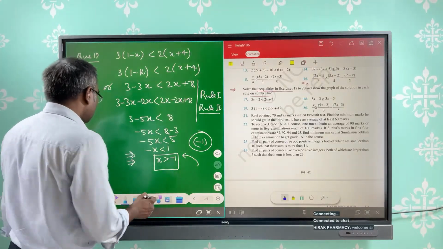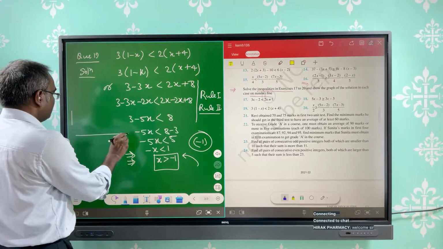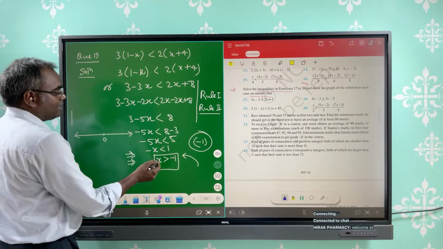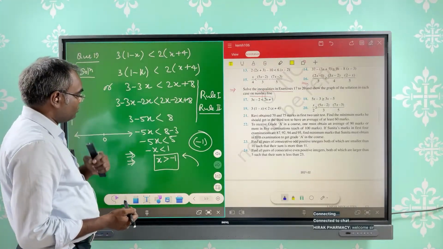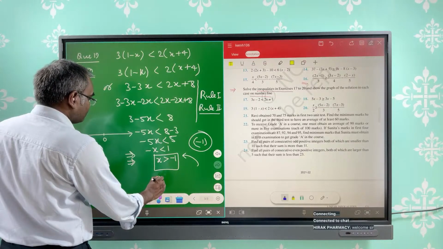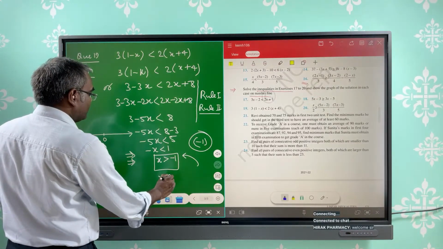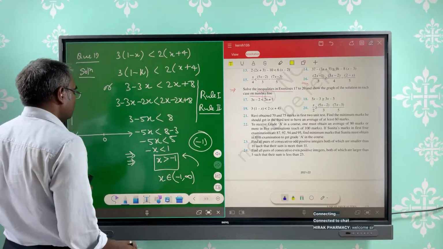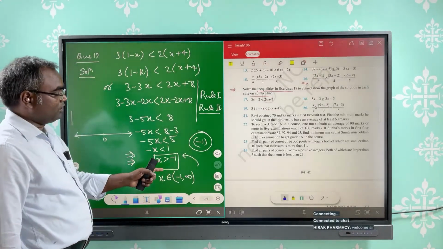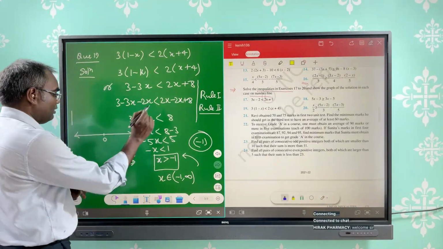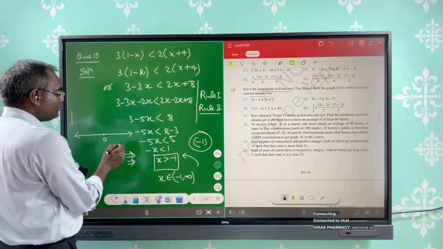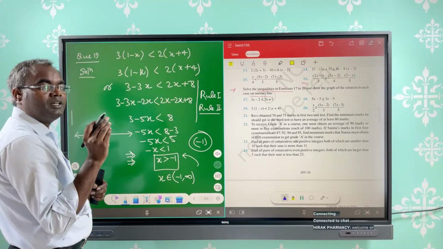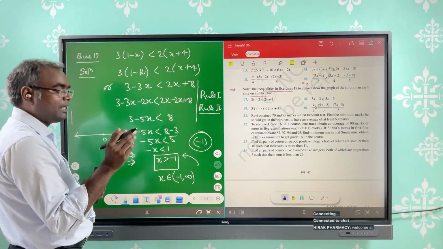You can plot this on the number line by drawing the number line. See, this is the number line and this is 0, and x is always greater than minus 1. So minus 1 is the lower limit, that is minus 1 to infinity. This is the solution. We are not including minus 1 while plotting the solution on the number line, so we'll leave the small circle blank.